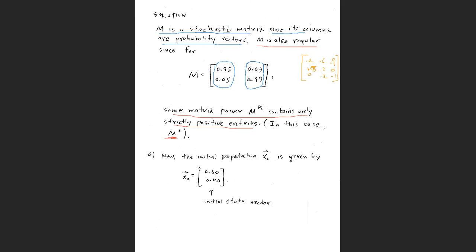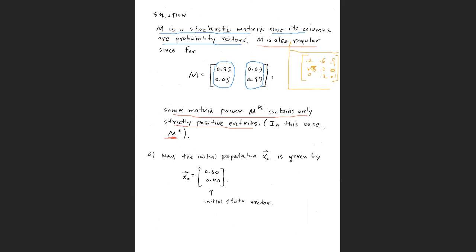Now that matrix there, that's a stochastic matrix. The question is, if you raise it to a certain power, will the matrix raised to that power give you all positive entries in the matrix? And to check that, you could put that matrix in MATLAB and raise it to a power.